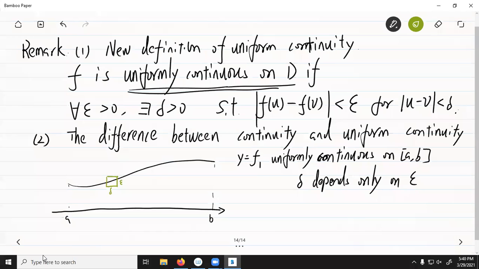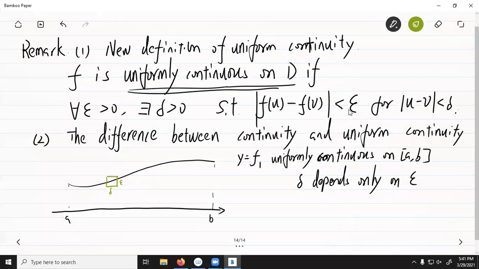The base is delta. Then this epsilon can determine the base delta. If epsilon is given, you can always have this delta such that on this box, the curve enters the box from one side, then leaves from the other side, not from the top and the bottom. Otherwise, it will not be less than epsilon.